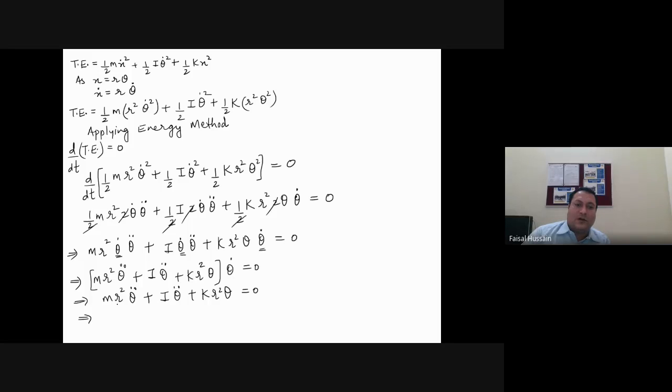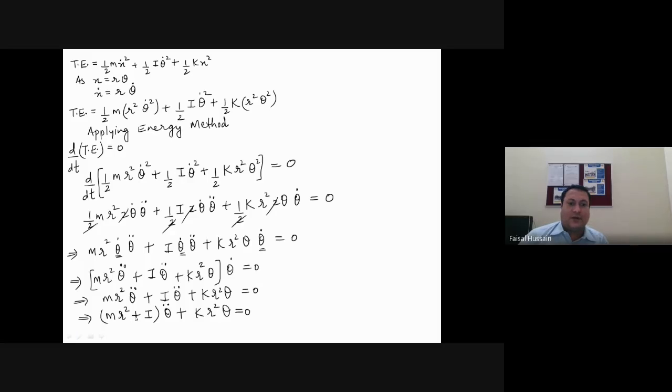0. Now from here, if I take theta double dot as common, it will be m r square plus I times theta double dot, and here it will be k r square theta, which is equal to 0. So the equation was m r square plus I theta double dot plus k r square theta equal to 0.